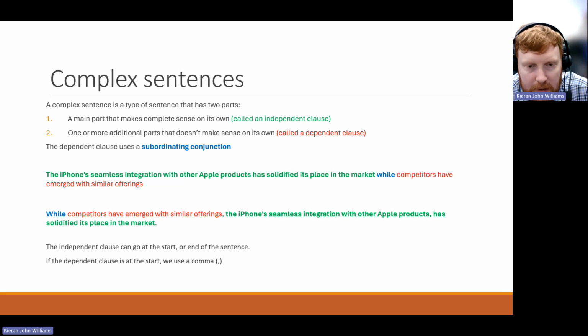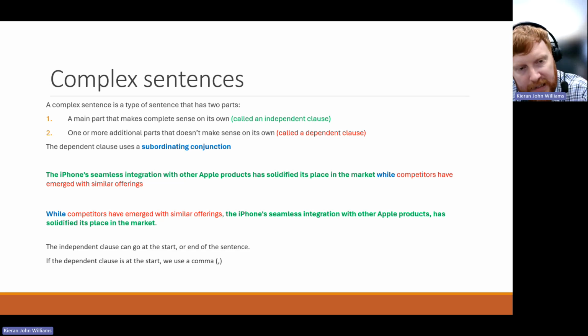But the second part, competitors have emerged with similar offerings. Similar to what? That only makes sense when we connect it to the first part. The green part is the independent clause, and the red part is the dependent clause because it depends on the other part of the sentence in order to make sense. The blue part, while, is a subordinating conjunction.